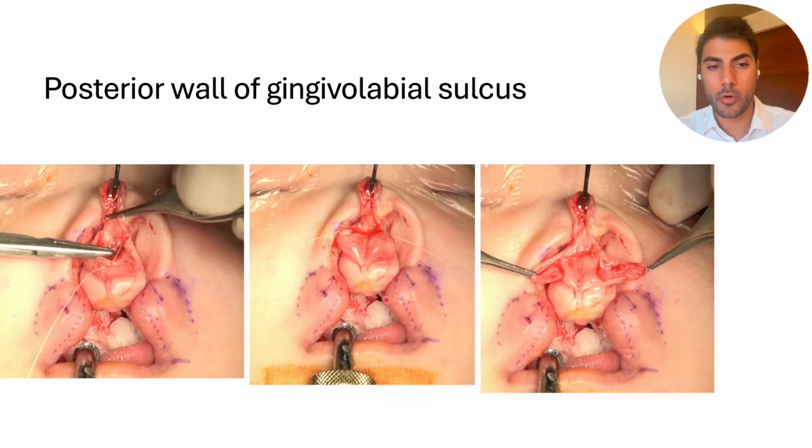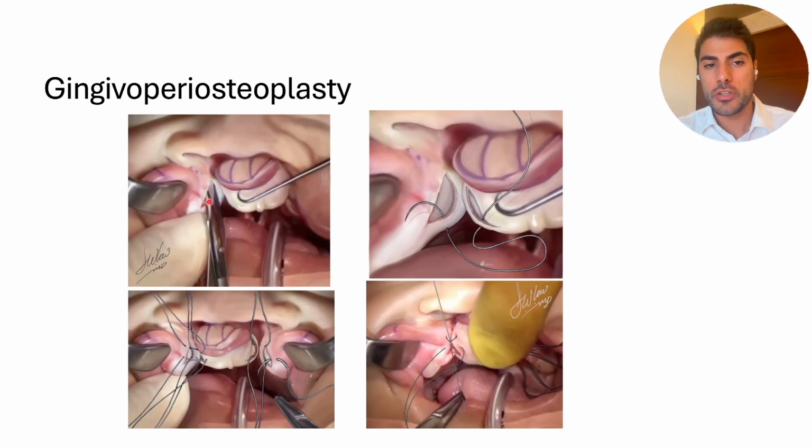We can also perform gingivoperiosteoplasty. I will show how. This is a live example of how we fold the prolabium to further compact it and to form the posterior wall of the gingivolabial sulcus. Gingivoperiosteoplasty, why? It's because we have a defect here in the alveolus. If the prolabium is very close to the alveolus, what we can do is raise subperiosteally here.